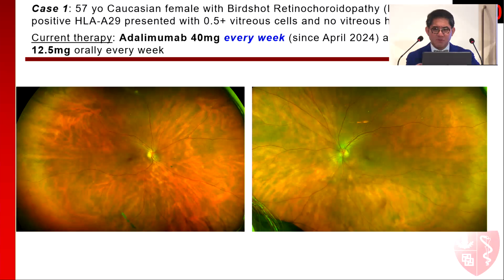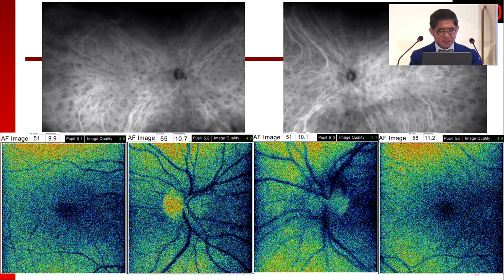As you can tell from the treatment, we were using adalimumab 40 milligrams every week and also put methotrexate on that too. So right away when you look at the regimen, you know that this patient received more than the typical dose. Above, you see the ICG and you see multiple hypofluorescent dots.